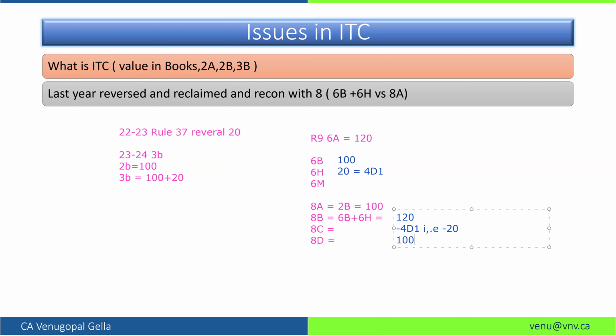Sorry, 8D will be 0. This is how I would suggest doing the reporting. Your 6H and 8C will, of course, 8C will have some other things. 8C will also have the 2B not availed, all those things. One of it will be minus 4D1.